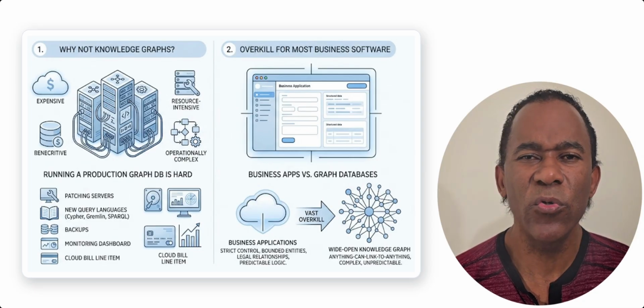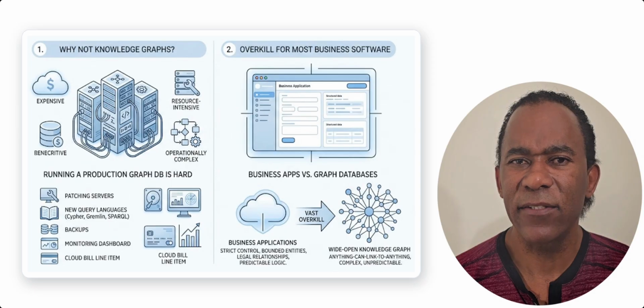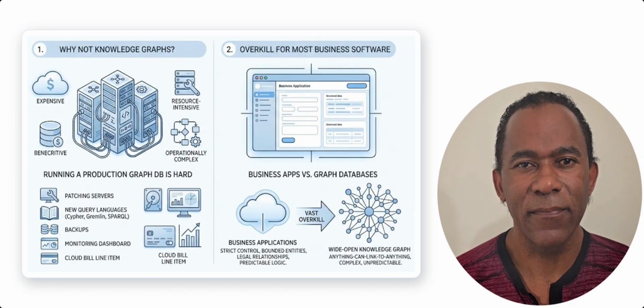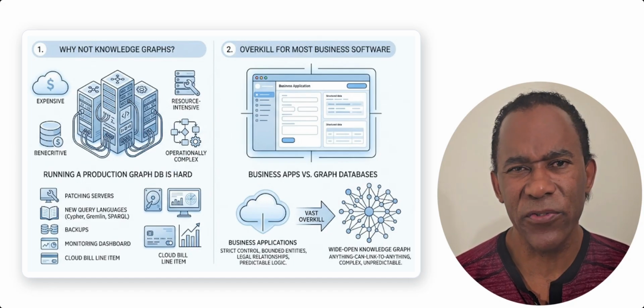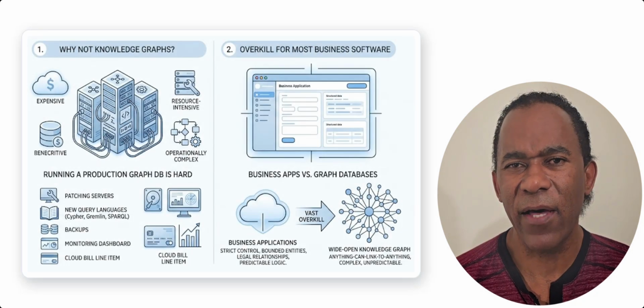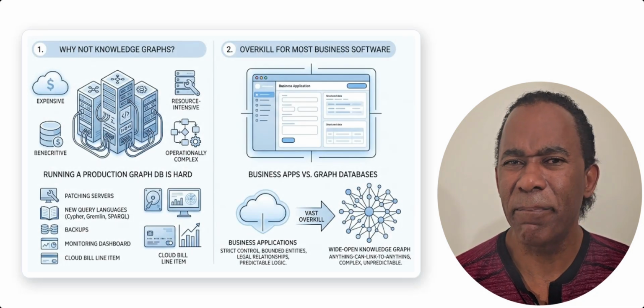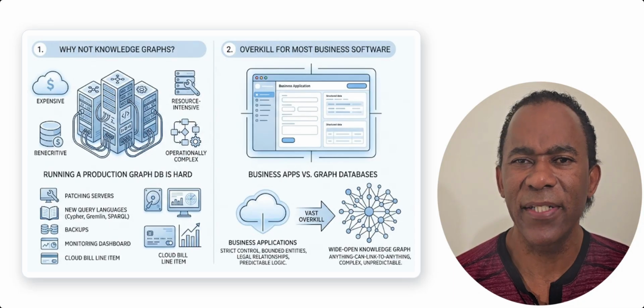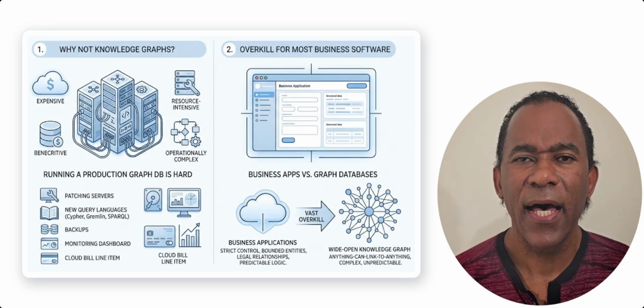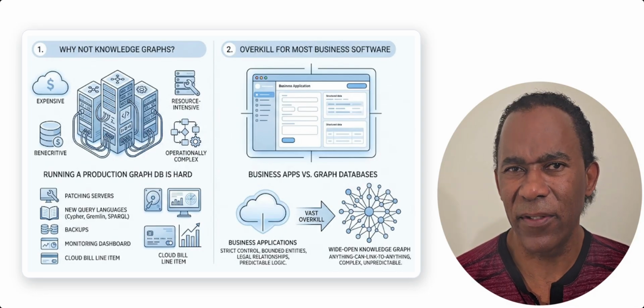They bring a whole new query language with them, like Cypher, Gremlin, SPARQL. Pick your poison. You're now patching another server, paying another cloud line item, another backup job, another monitoring dashboard. Another thing your team has to learn.